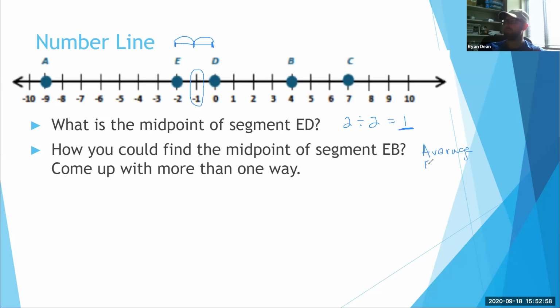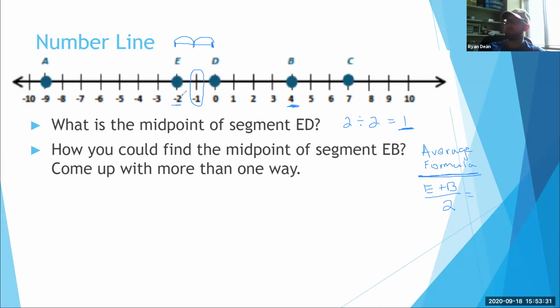So we're going to take the average of the 2 points that we're looking at. So the 2 points that I'm working with here are, again, E and B. E is at -2. B is at +4. So the average formula says that we're going to take E and B, add them together, and then divide by 2.